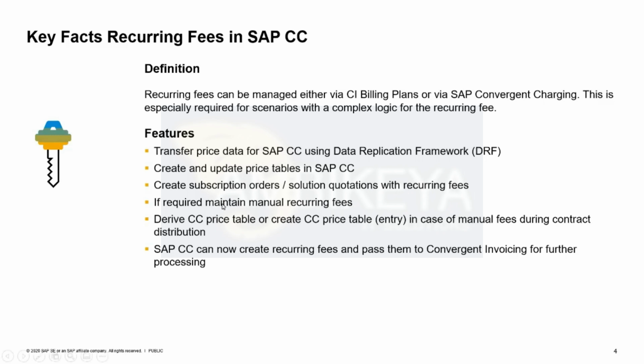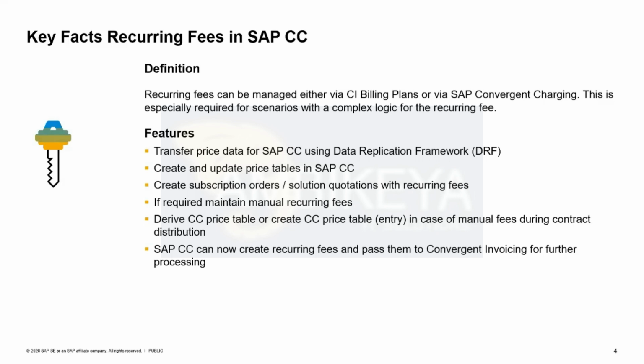In case it is a manual recurring fee, we have a technique on how to determine the right price table. Reminder algorithm is something which we implemented. So we create a CC price table and create entries in that.